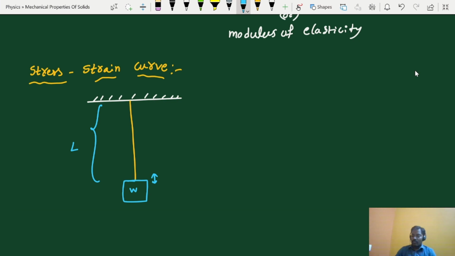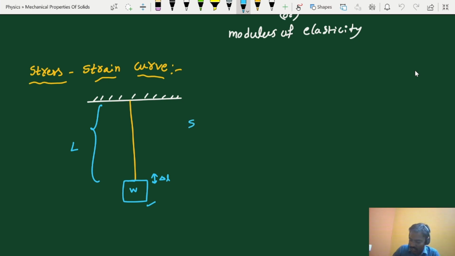The radius of this wire can be calculated with the help of a screw gauge, and as we know the load, you can calculate the stress, and as you can measure the change in length, you can also calculate strain.